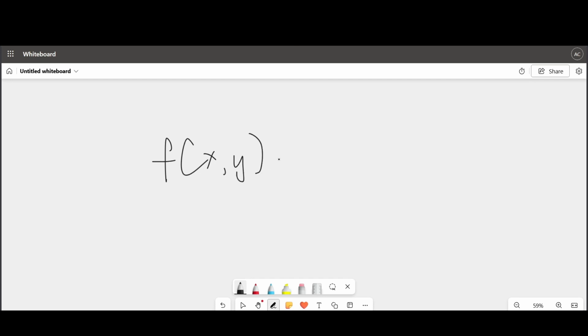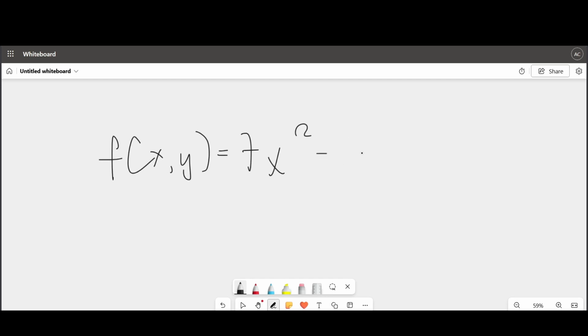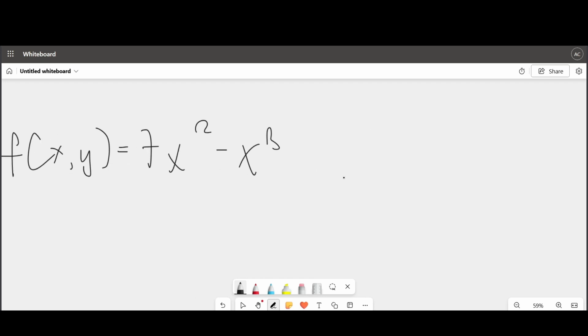He's basically the GOAT when it comes to all math, all existing math. Not sure why this guy hasn't won a Fields Medal already. Okay, so let's get the example that he has right here. Let's say f of x, y equals 7x squared.